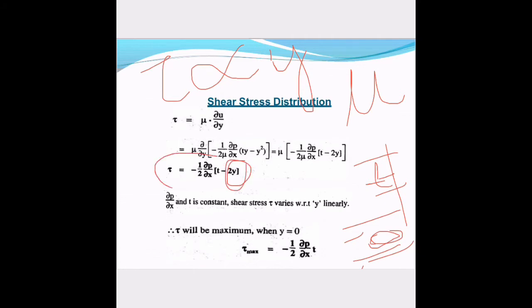So you have got two conditions of shear stress: one is maximum and another is minimum. In the next slide, I am going to show you how this shear stress is distributed and how the diagrams look. Up to this, everything is clear. If you have any doubt, you can ask me.